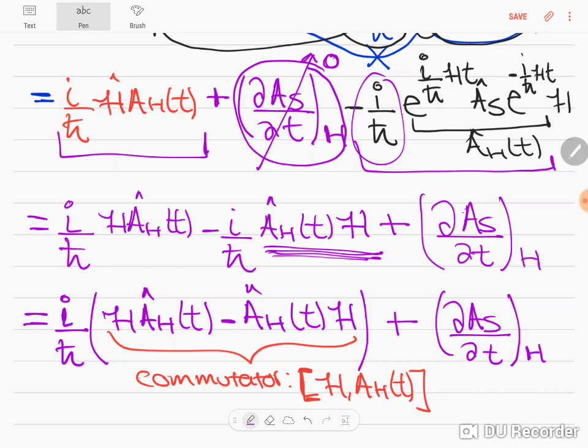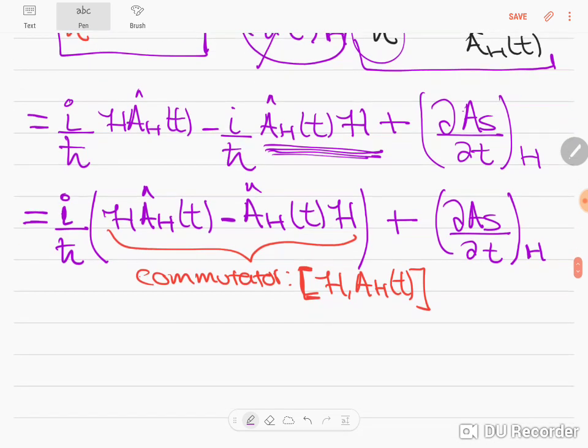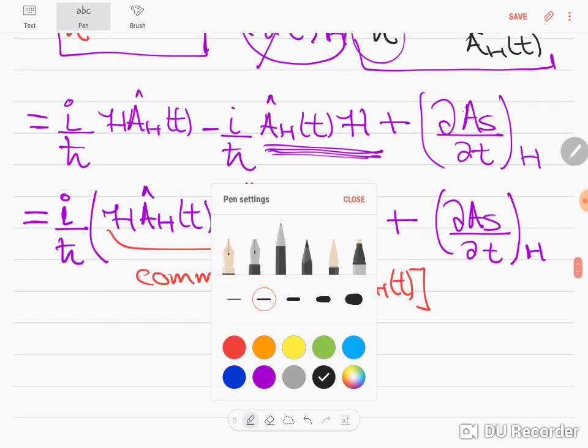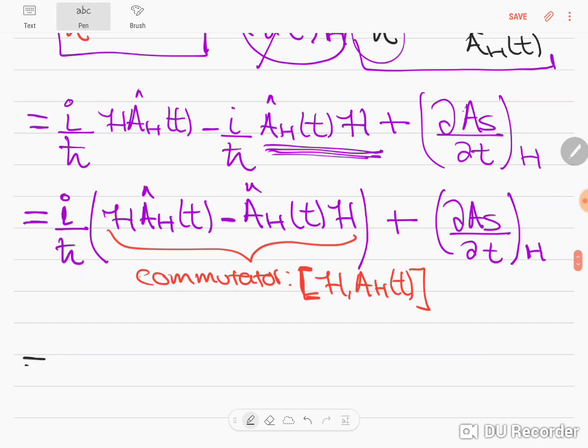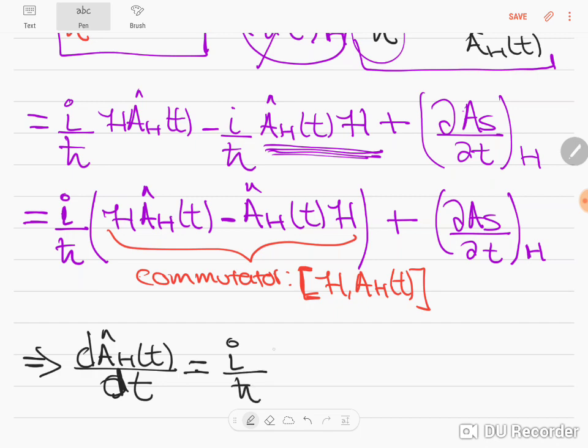Okay, so given all of this calculation that we have, we can now proceed to write down a differential equation for operator A_H of t, which is equal to i over h bar times the commutator between H, the Hamiltonian, and A_H of t.